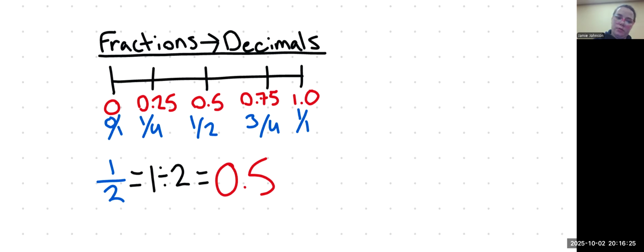So how do we go from fractions to decimals and back? How would we go back and forth? Let's say we start with a half, and we want to go from fractions over to decimals.